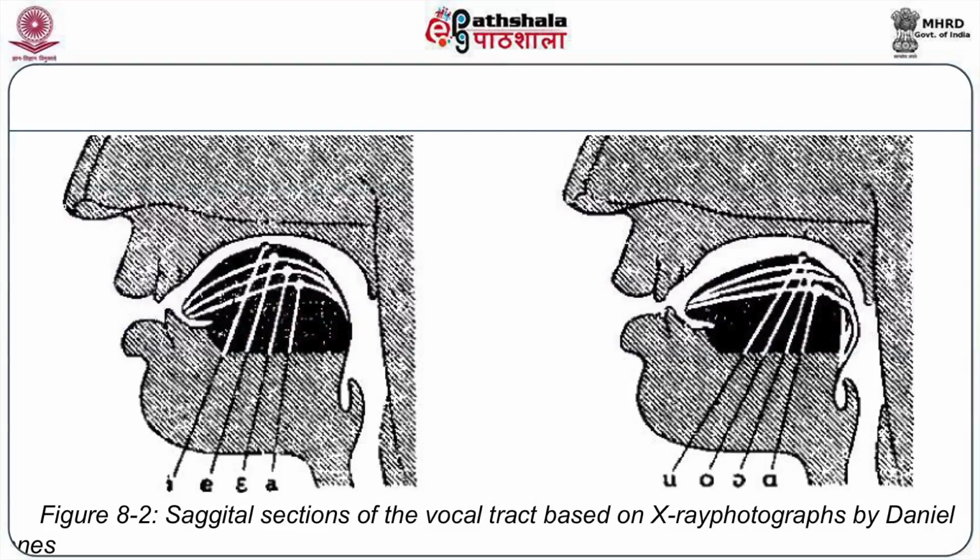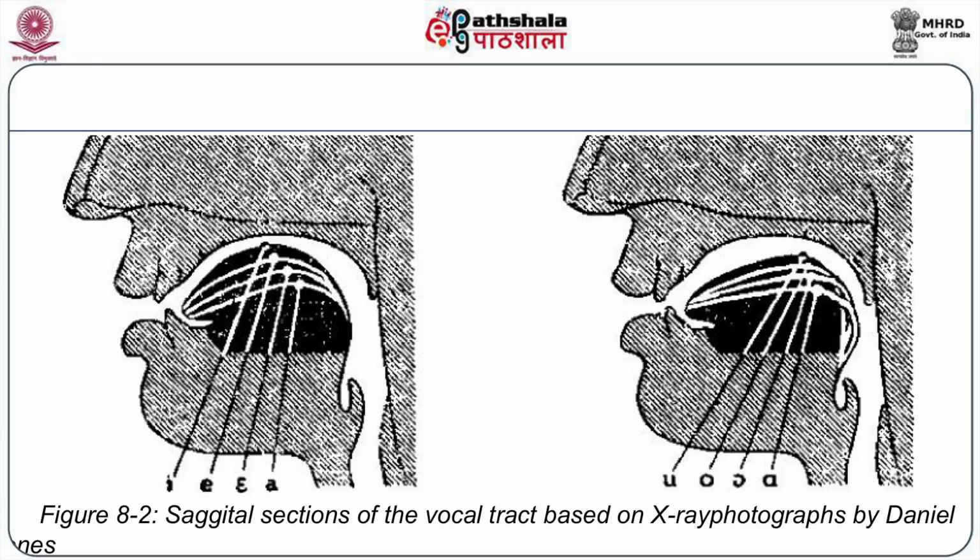They are sagittal sections of the vocal tract based on X-ray photographs by Daniel Jones. The picture on the left shows the tongue taking different positions according to height, and you will notice that it is the center part of the tongue which is involved towards the front, and in the other picture on the right you see the back vowels being produced by the back of the tongue.